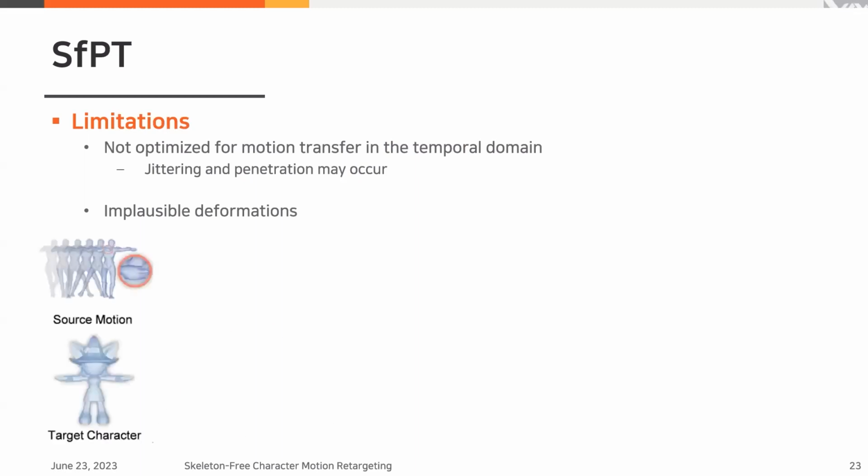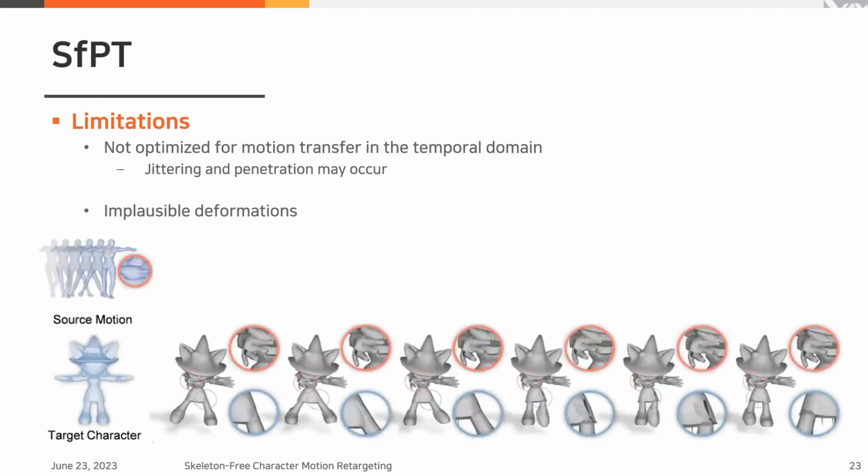I have a question. Penetration and implausible deformation. Even if you don't care about the animation, if you just target one specific pose, and this method works out nicely, then shouldn't there be no implausible deformation or penetration?